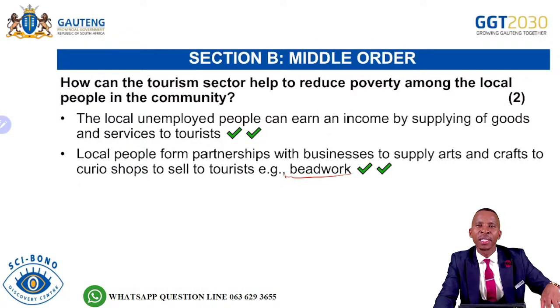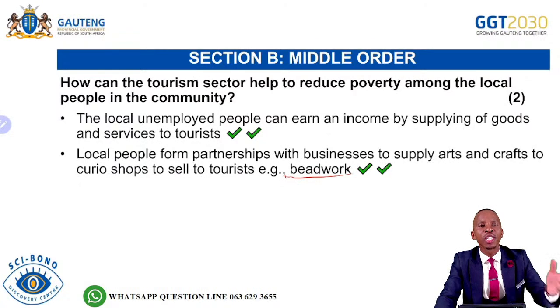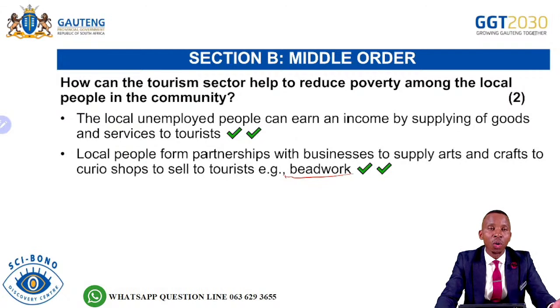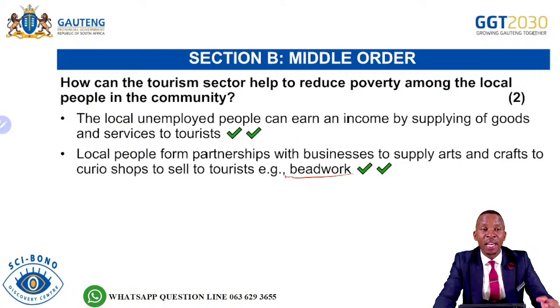So people of the area can simply start their very own initiative by producing crafts, also by starting their very own informal business, such as selling something as street vendors. That will earn them income so that they will be able to afford some goods and services. We know that tourism also provides immediate employment and is labor intensive, as much as a variety of skills are required, people are able to learn while they're working in the tourism industry.